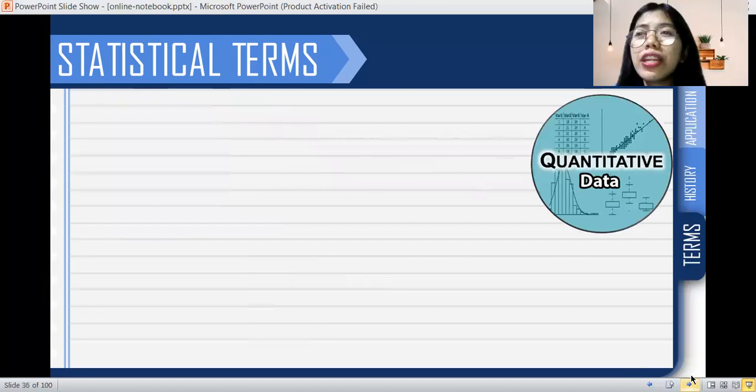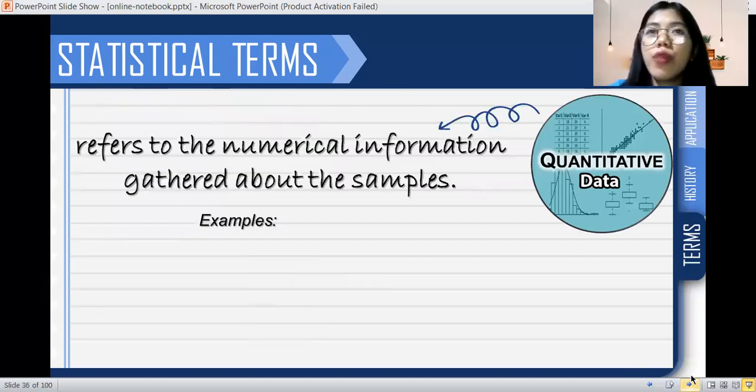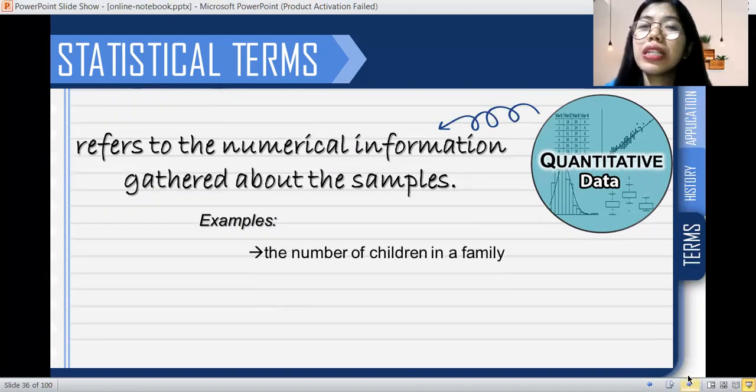Okay? On the other hand, quantitative data refers to the numerical information gathered about the samples. Now, in the quantitative data, meron na tayong mga numbers dito. For example, the number of children in the family.